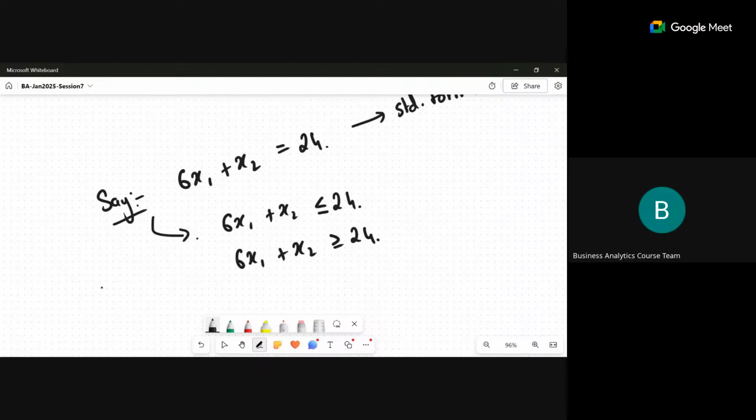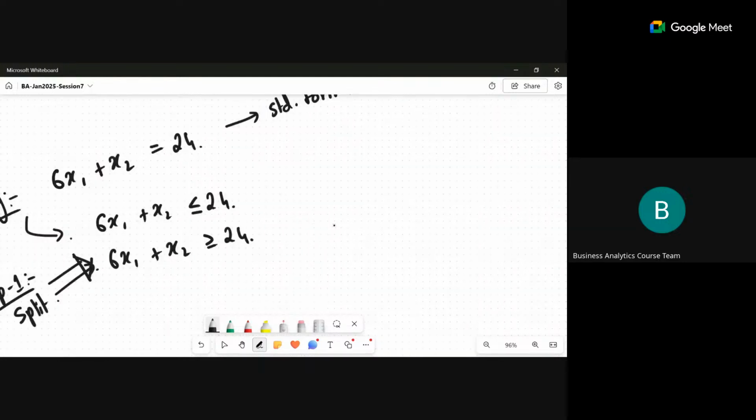So step 1 is split the equality constraint into two inequality constraints of the less than or equal to type and the greater than or equal to type. This is already in the standard form.